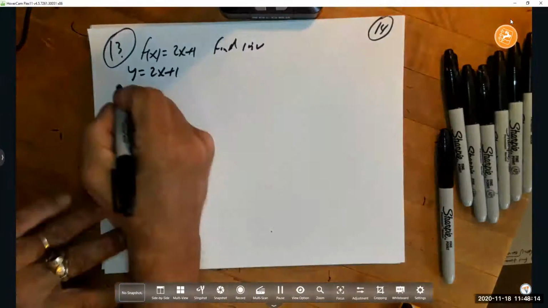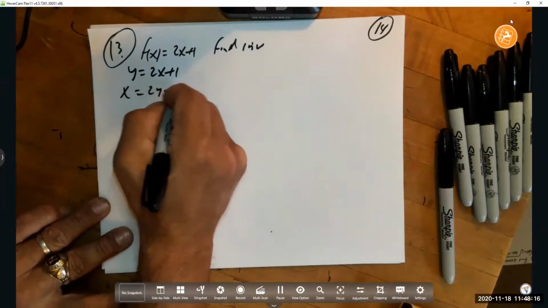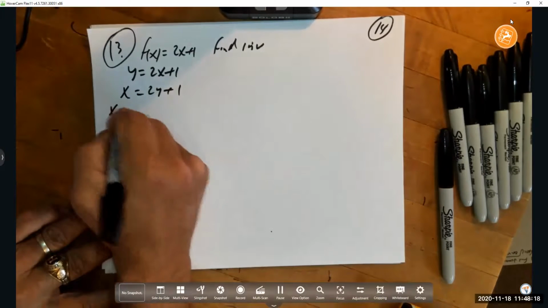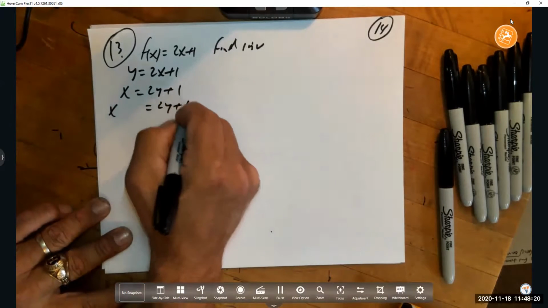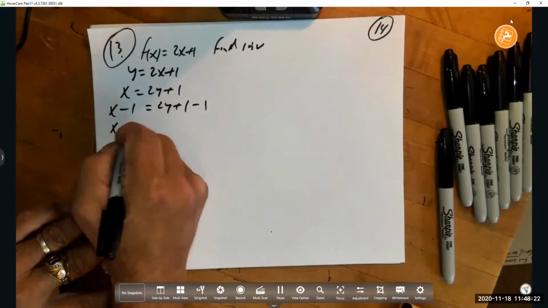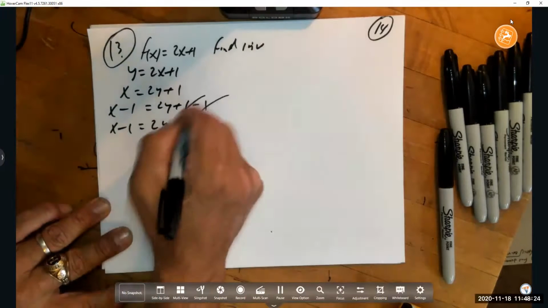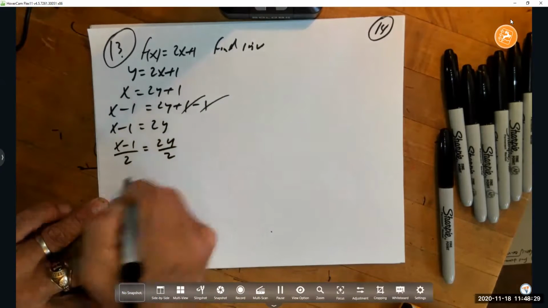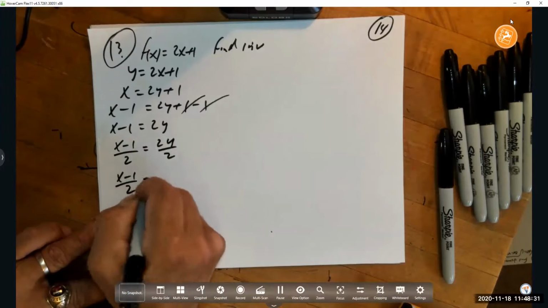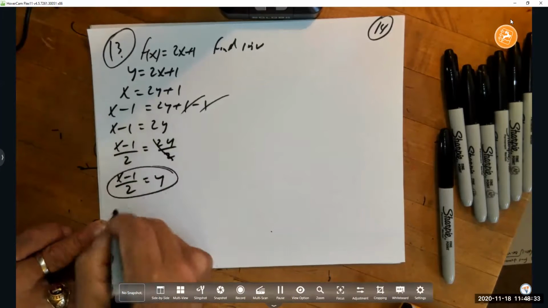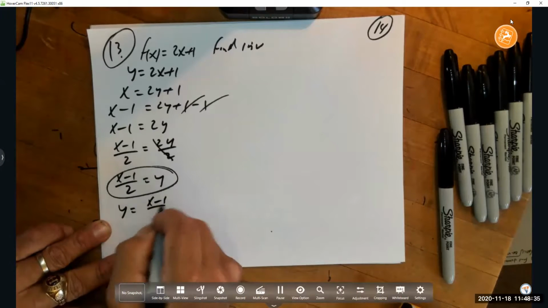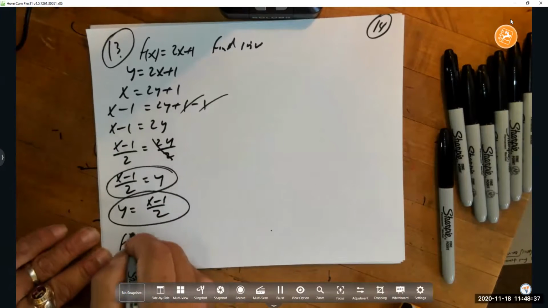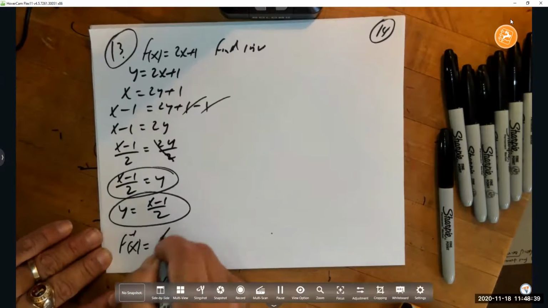Switch the letters, and then start solving for the letter y. Minus 1, minus 1. That's going to be 2y. And then divide by 2, divide by 2. So I have f inverse of x is that one right there.